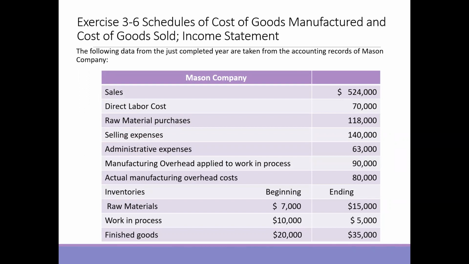So you guys can see if we applied 90 but actual's 80, we over applied it, didn't we? Then we've got our beginning and ending inventory amounts for our raw materials, our work in process, and our finished goods.